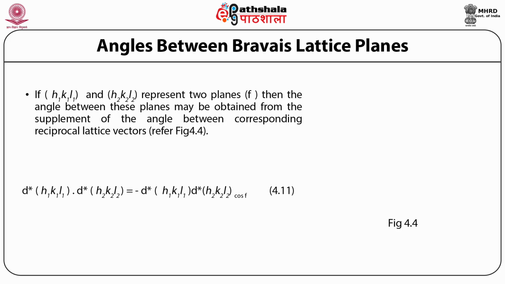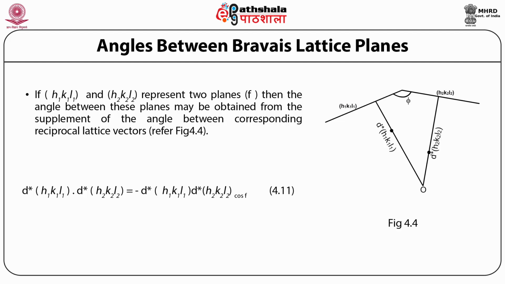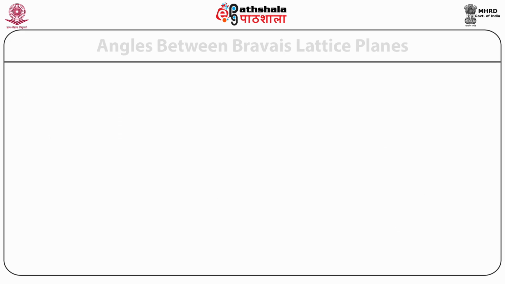So d star of H1K1L1 dot d star of H2K2L2 is simply minus d star of H1K1L1 times d star of H2K2L2 times cosine of the angle phi. This is equation 4.11. You know, phi is marked here. The two planes are also marked, and D star is also marked in figure 4.4.